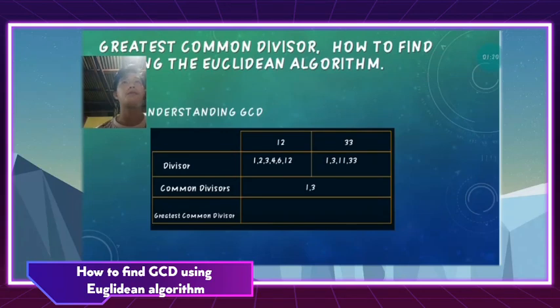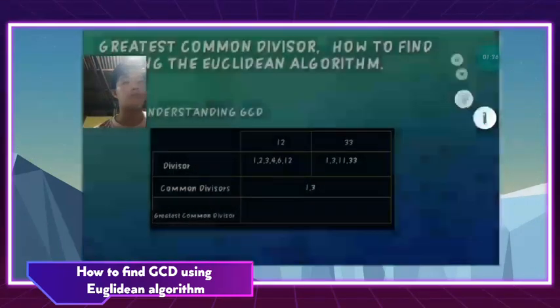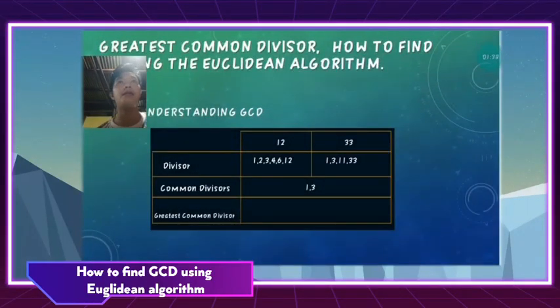Is there any other common divisor? No, we have the common divisors 1 and 3. So the common divisors are 1 and 3. And now we are going to focus on the greatest common divisor.